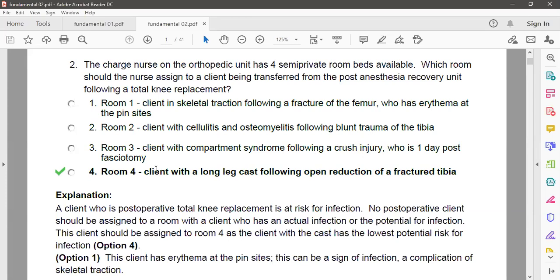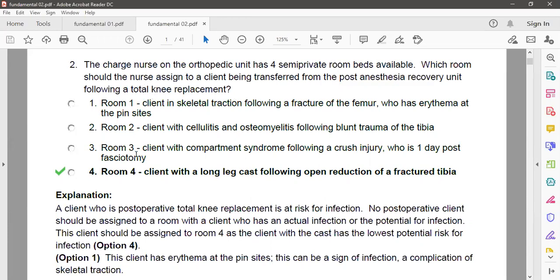Number 4, the client with a long leg cast following an open reduction for a fractured tibia. The cast is already there, so it is not open, it is closed, right? And out of the 4 patients, this room is safer for the patient who came from the OT after total knee replacement.